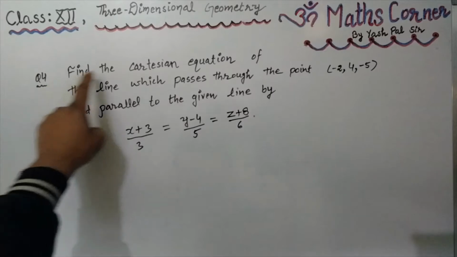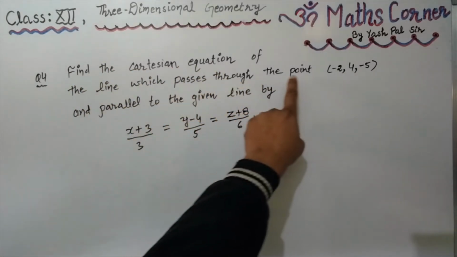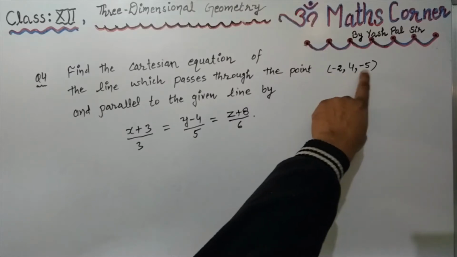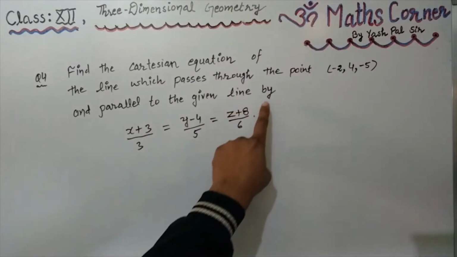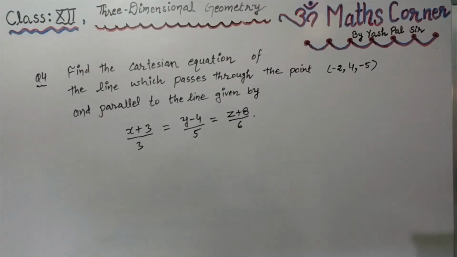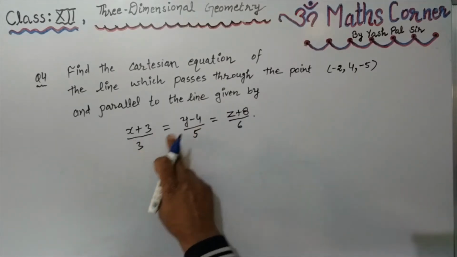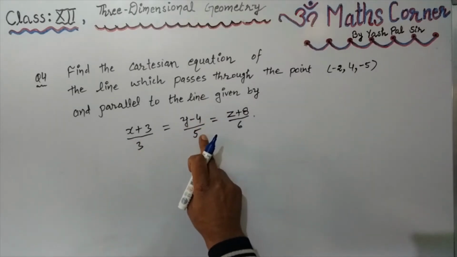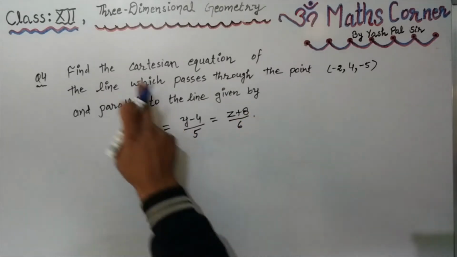Question number 4. Find the Cartesian equation of the line which passes through the point minus 2, 4, minus 5 and is parallel to the given line x plus 3 upon 3 is equal to y minus 4 upon 5 is equal to z plus 8 upon 6.